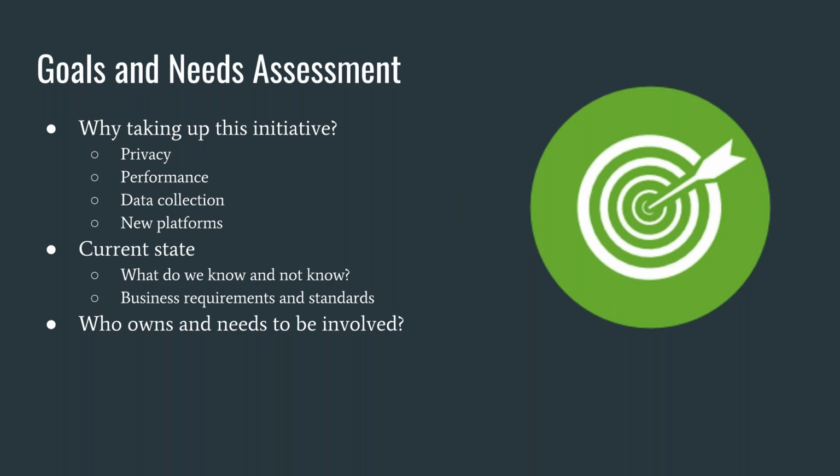Why? Is our concern in the privacy space? Are we concerned with some new regulation or with the current regulation in our industry or in our region? And we're concerned that maybe platforms are non-compliant, which is going to cause us legal issues.